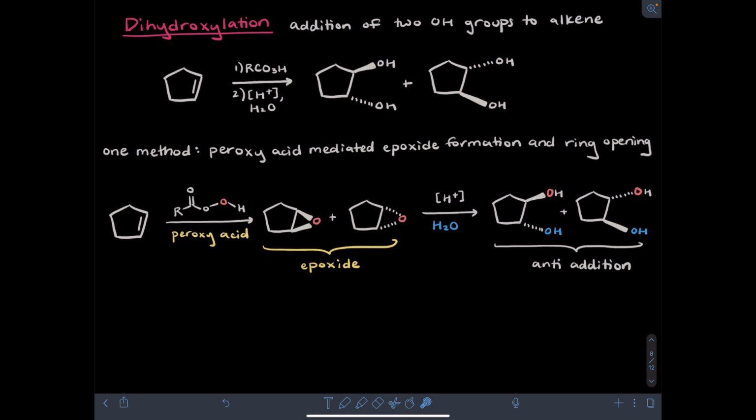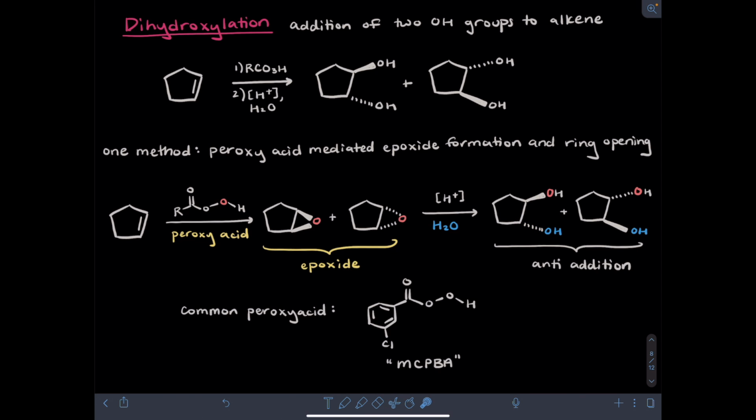This will have the effect of opening up the three-membered ring, adding a hydrogen to the oxygen that was originally in the epoxide, and adding an OH group in the case of a water solvent to generate your dihydroxylated product. It is this step of the reaction that has the anti-addition, where one OH group ends up as a wedge and the other one is a dash.